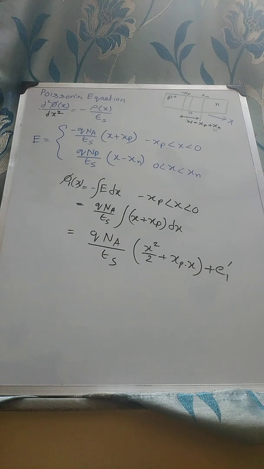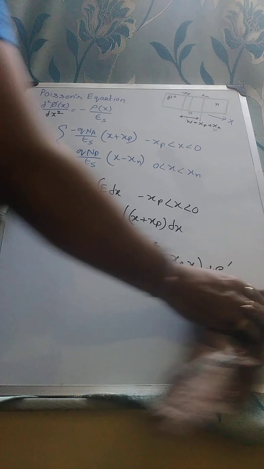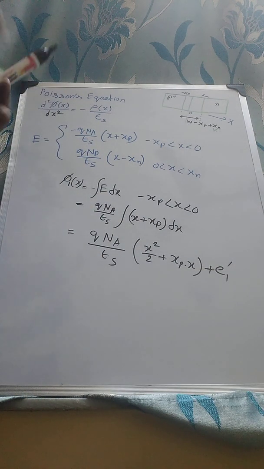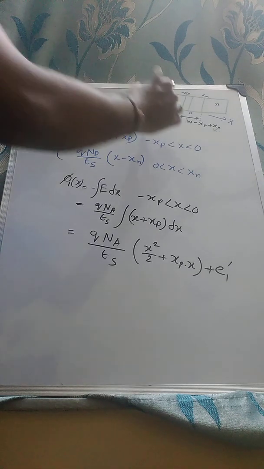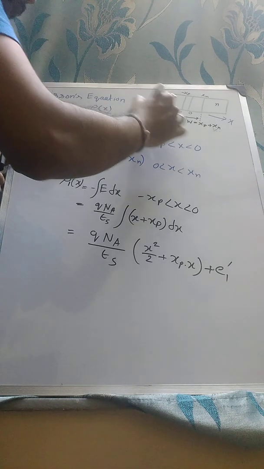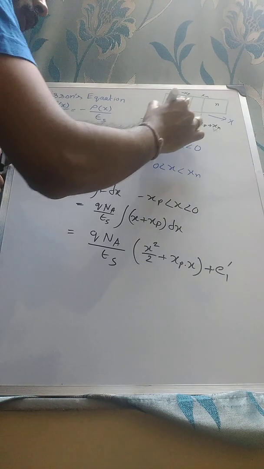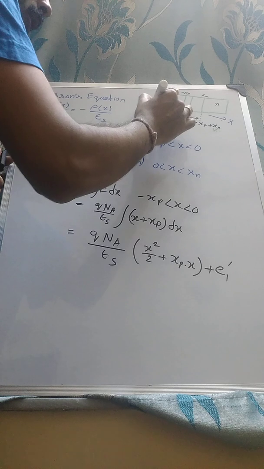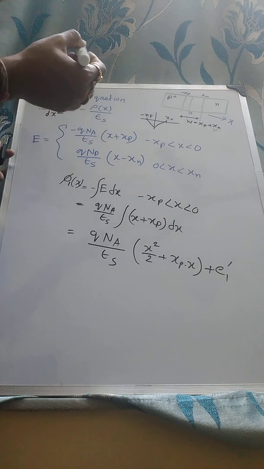Now we cannot use the same condition that we have used for deriving the electric field, because in case of electric field, we saw that the electric field before minus Xp and after Xn is 0, right?